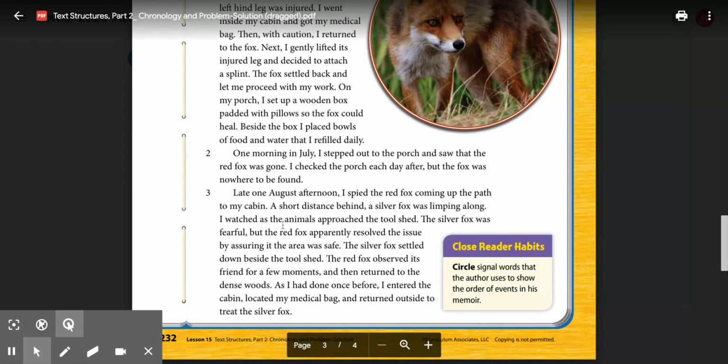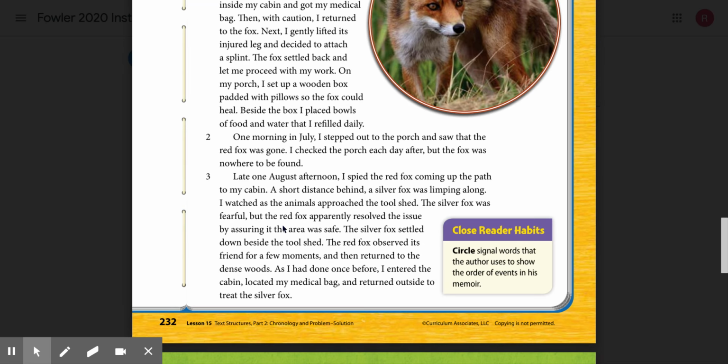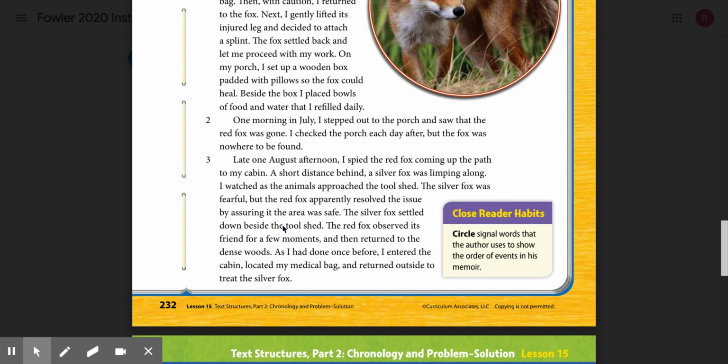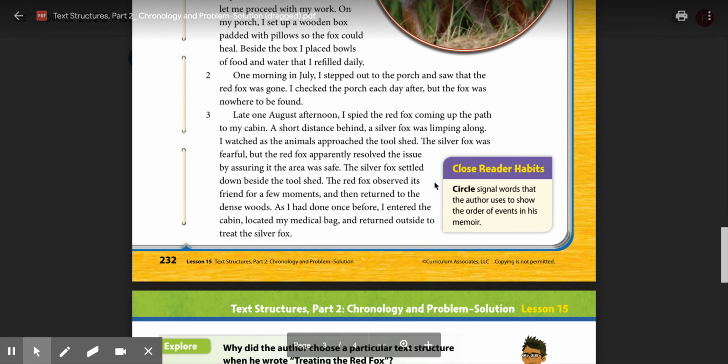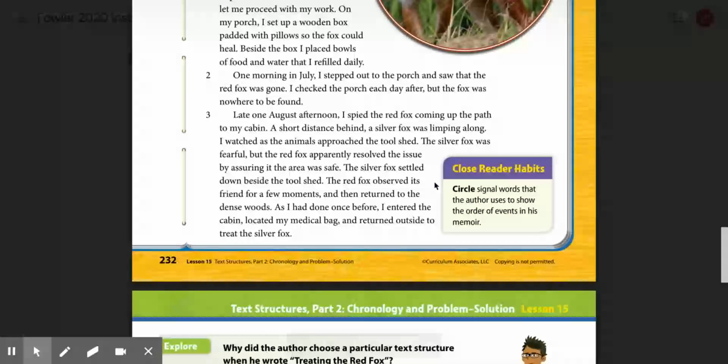One morning in July, I stepped out to the porch and saw the red fox was gone. I checked the porch each day after, but the fox was nowhere to be found. Late one August afternoon, I spied the red fox coming up the path to my cabin. A short distance behind, a silver fox was limping along. I watched as the animals approached the tool shed. The silver fox was fearful, but the red fox apparently resolved the issue by assuring it the area was safe.